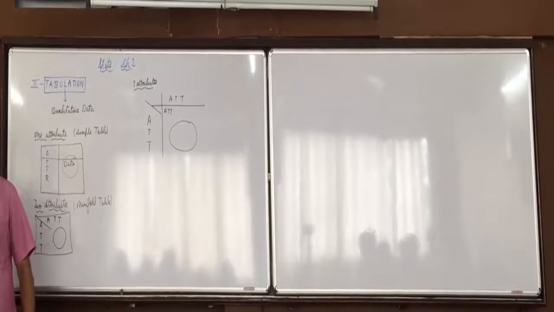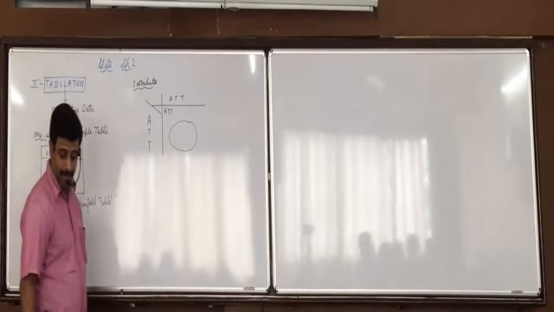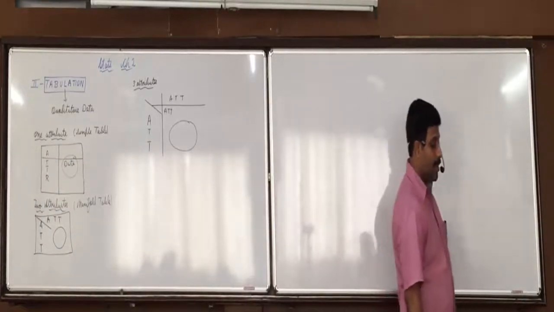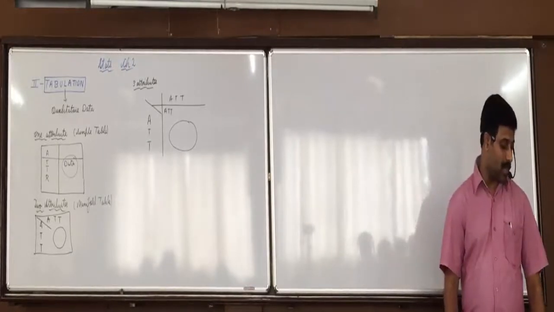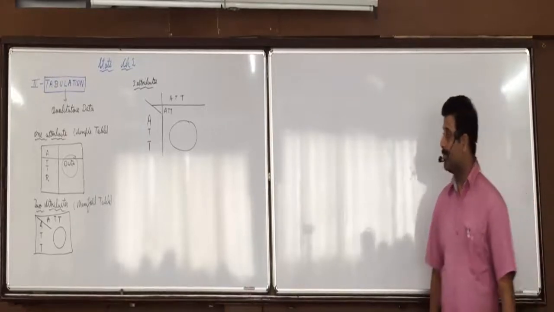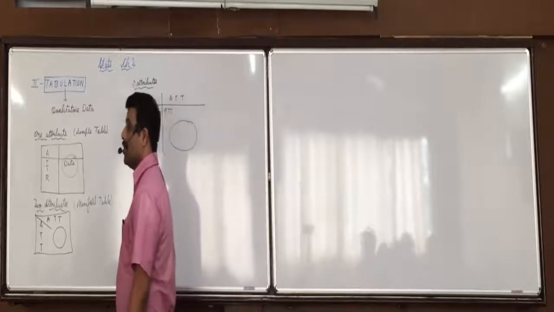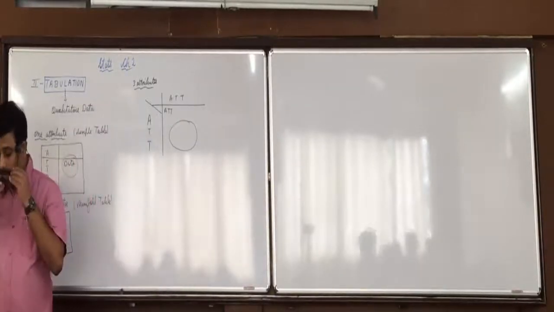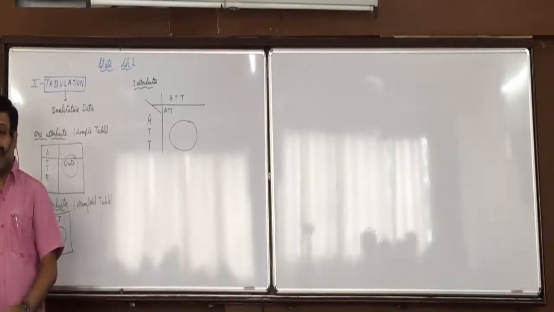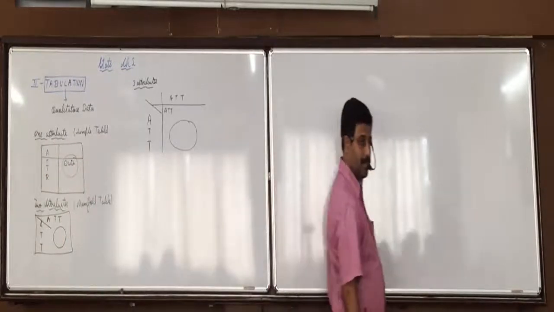Next paragraph. Table made on the basis of a single attribute is called a simple table. Okay?